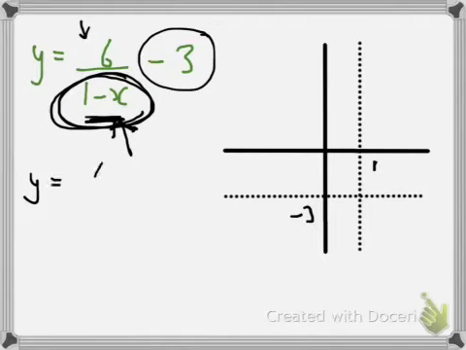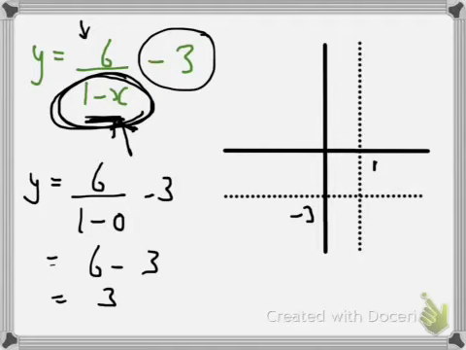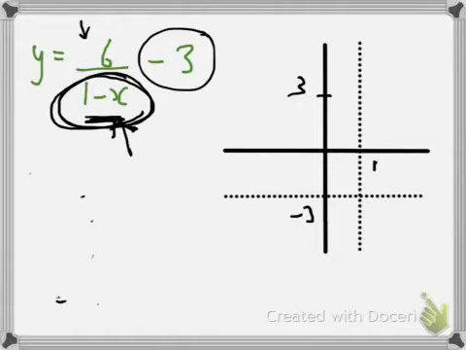Well, in the process now of finding those, if we make x equal 0, we get 6 minus 3 equals 3. So our y-intercept in this case is going to be 3. Our x-intercept, we make y equals 0, so we get 0 equals 6 over 1 minus x, take 3.